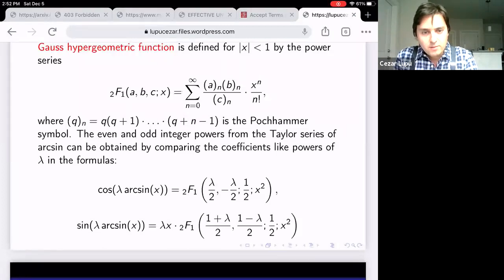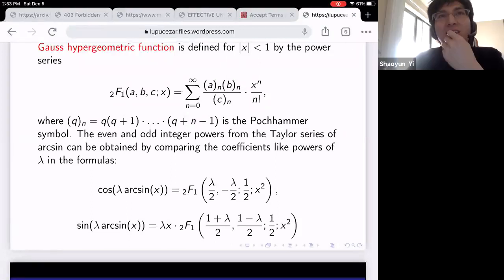But here I don't even need to know. This is just the Chu-Vandermonde formula for the binomial. I wanted to write this in terms of a Gauss hypergeometric function to make it look fancier, but you can do it in a very elementary and direct way.